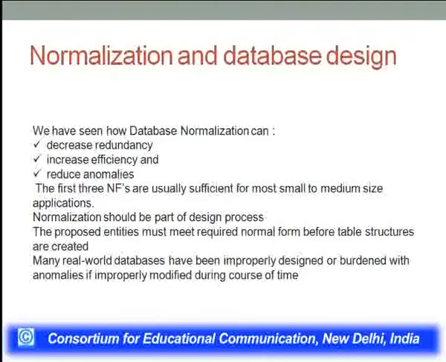So, apart from wastage of precious storage space in the databases, we also lead to inconsistency in the databases. Therefore, we say that the normalization process should always be incorporated in case of a database design. Normalization should always be part of the design process.